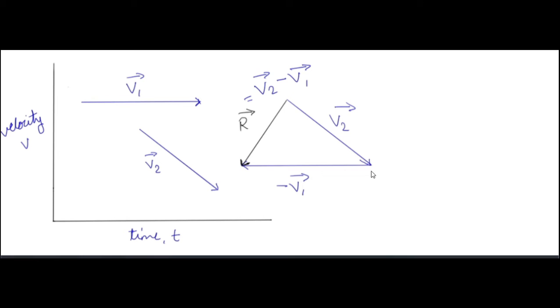So v1 is along this direction, and minus v1 is along this direction, opposite to that of v1, with the same magnitude. Now the resultant of v2 minus v1 is this vector, and this is the direction. Going from here to here, the resultant will be from here to here. So this is the resultant of the two vectors.